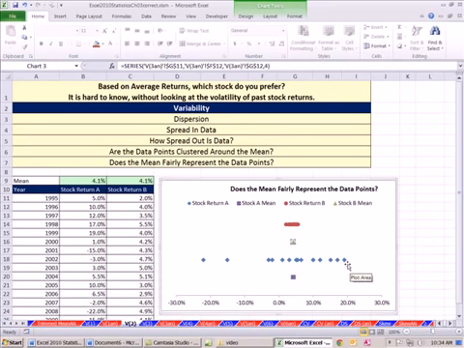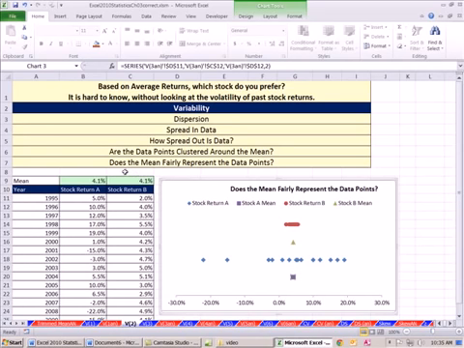Now, a measure of variability like this for stocks measures risk, right? For this stock getting 4.1, I run the risk of getting something way out here or way up here. Right? So how are the data points clustered around the mean? They are for this one, and not for this one.